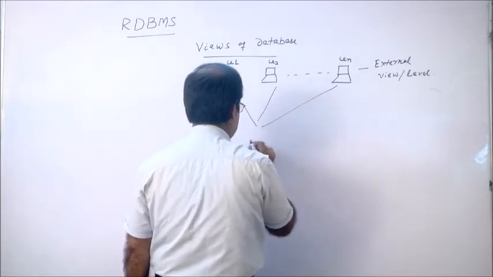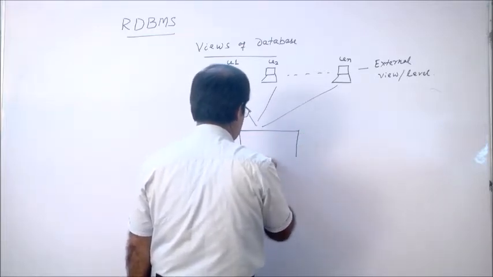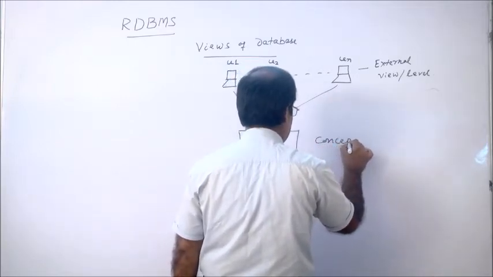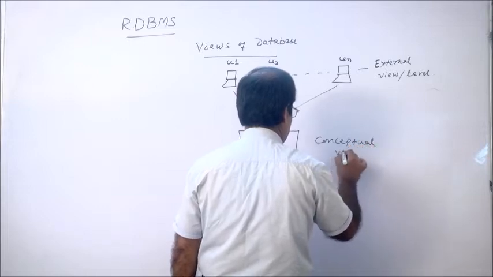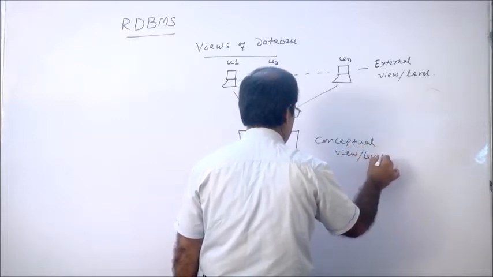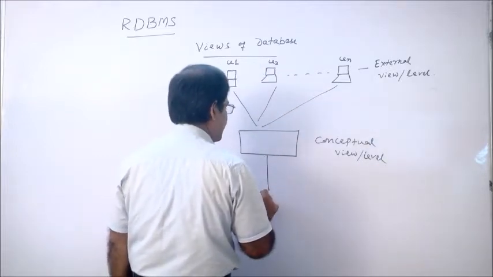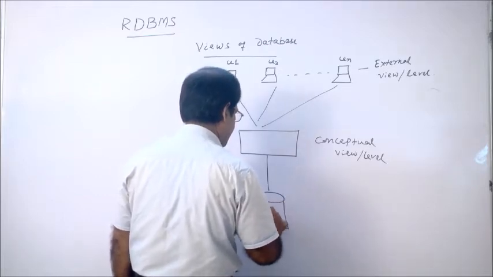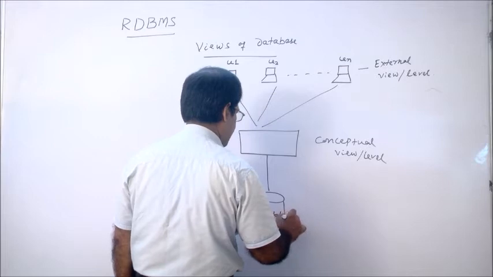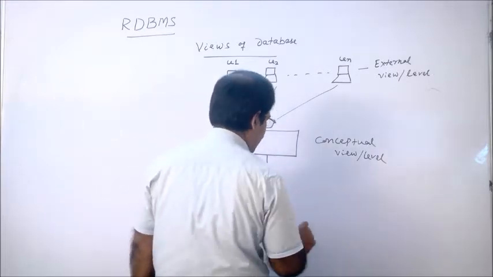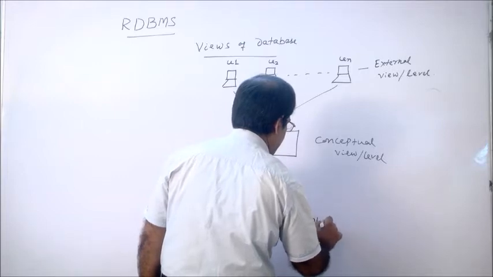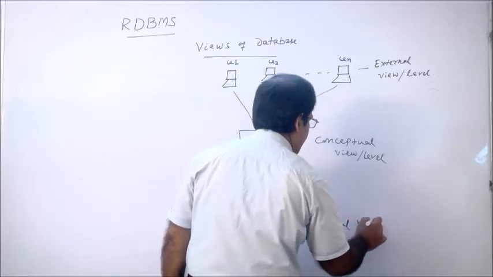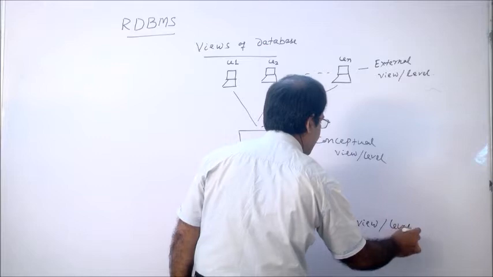The middle layer is called the logical layer, or conceptual view, or level, and the actual database is here. Below is the database, which is called the physical view, or physical level.